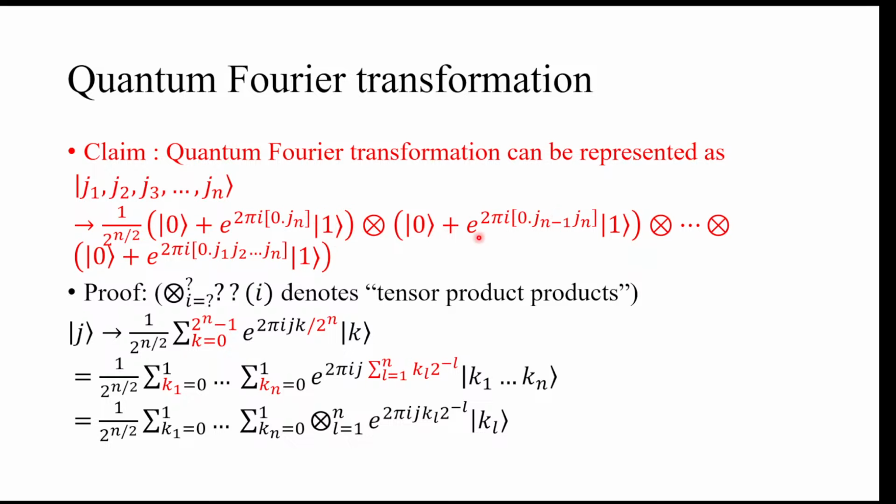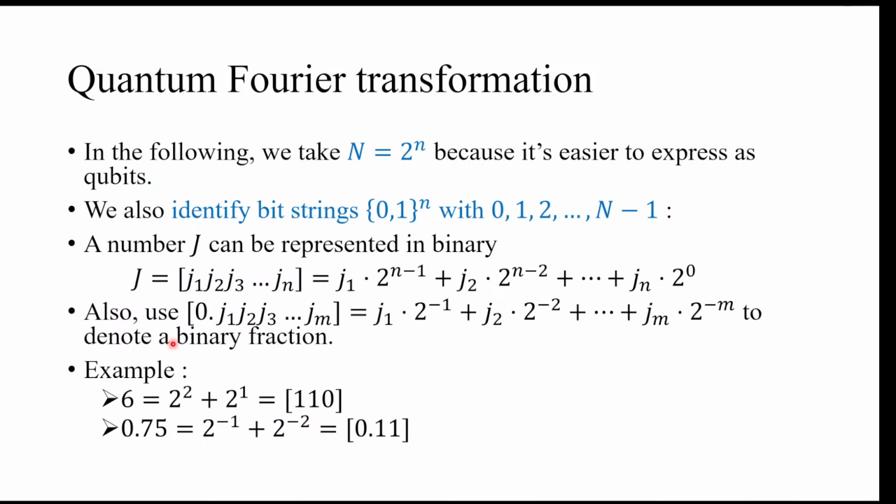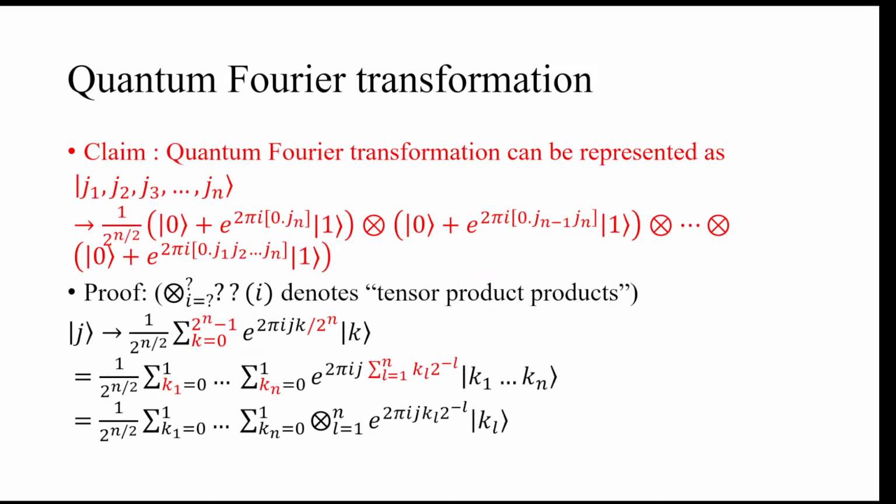So you have |0> and |1>, but you have a really weird phase on each qubit: e to the 2 pi i times some fraction. This is a binary fraction, exactly the 0.j-something notation. On the first qubit the fraction is 0.jn, where jn is the last bit of the input.